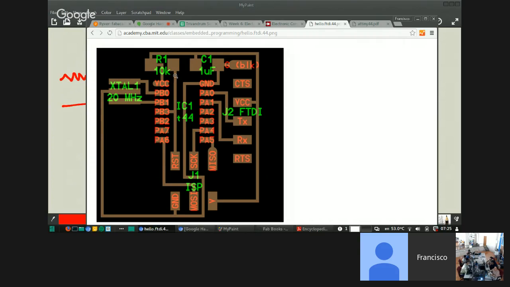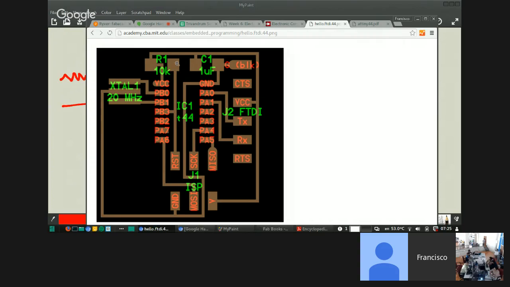Well, the short explanation is that the microcontroller can read a strong ground signal. It can read a strong VCC signal.